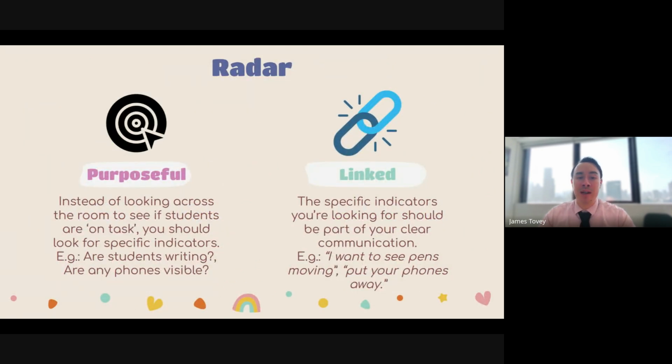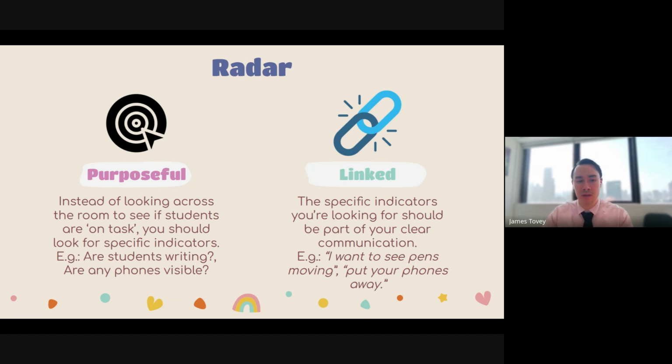So a bit more onto radar. So purposeful, right? We want you to be looking to see if students are on task. You should look for specific indicators. So as you're looking around the room, instead of just gazing left and right, thinking, okay, is everyone working? You think to yourself, okay, are students writing?